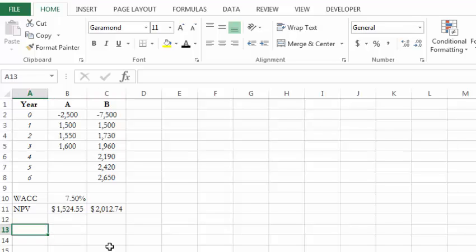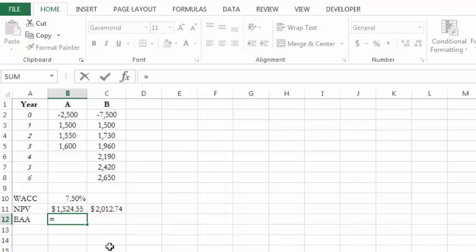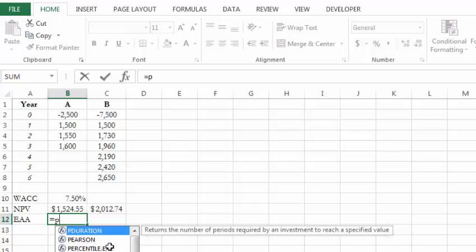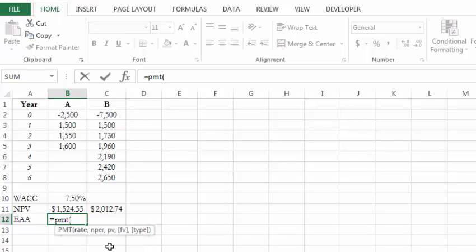So I'm going now to EAA. Guess I should do it right underneath. EAA. And in this instance I will say equals PMT because we want the payment. What's the rate? The interest rate is that one. What is the number of periods? In this case it's 3.